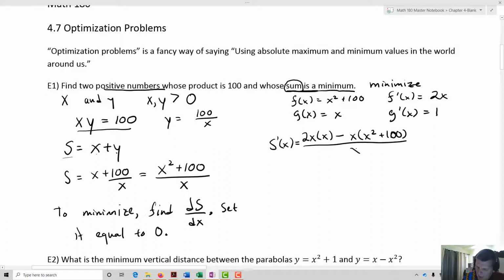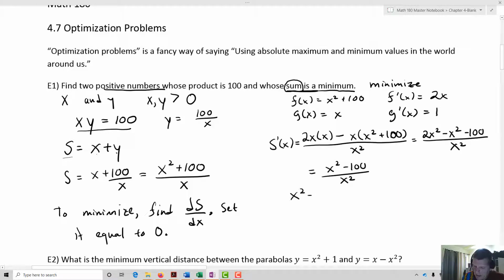divided by x squared. This will then equal 2x squared minus x squared minus 100, divided by x squared. So this ends up being equal to x squared minus 100 over x squared. Now I want to set that equal to 0.